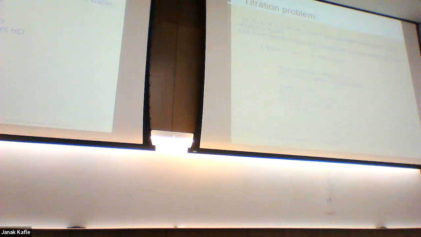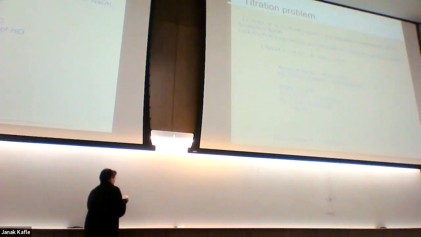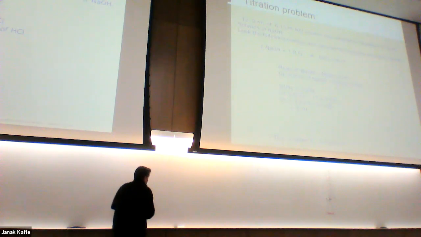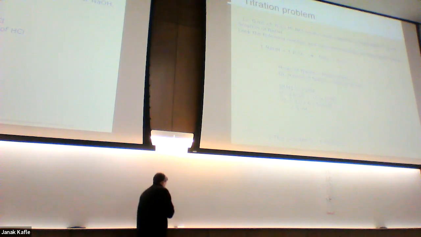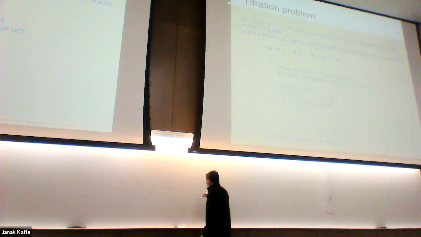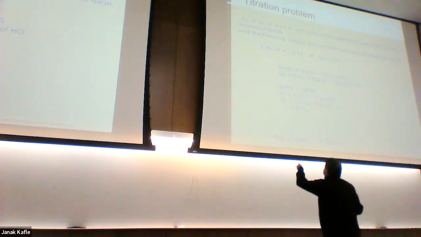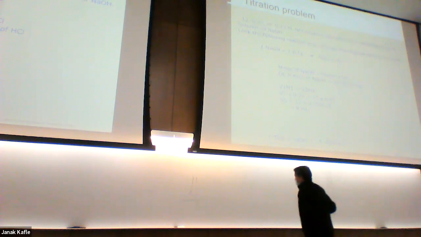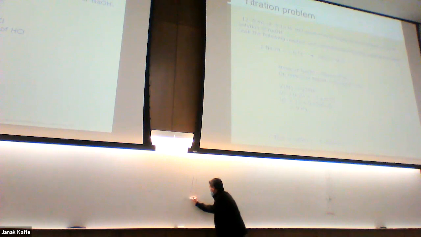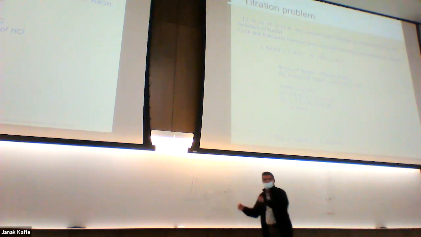So let's look here. It really doesn't matter which solution you take in the Erlenmeyer flask or in the burette. Here they are taking hydrochloric acid, 12 ml. So the V1 they are putting here is 12 ml, right? You can write 12.0.